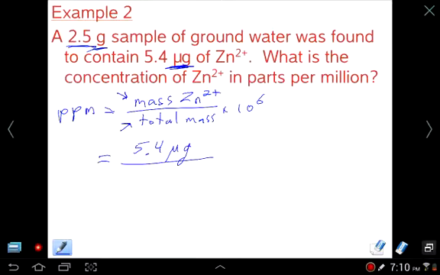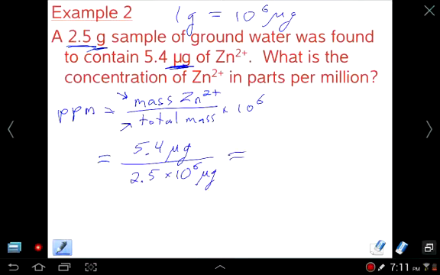So we'll have to convert 2.5 grams into micrograms. And 1 gram is 10 to the 6th micrograms, or a million micrograms. So really we can just put 2.5 times 10 to the 6th micrograms, and we can solve it.